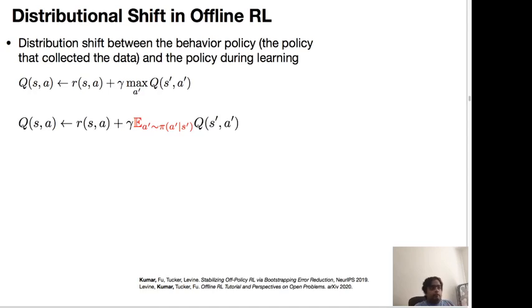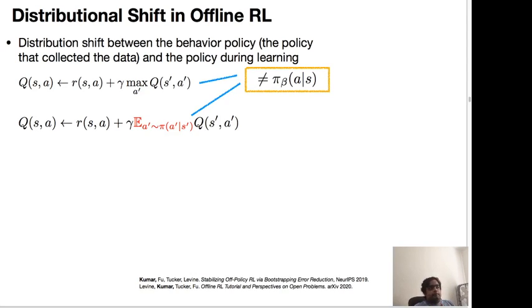Similarly, if you're doing an actor-critic method, your policy is used to compute the target value, because you take an expectation under actions drawn from that policy of the target Q function. In both of these cases, the max over A prime or pi is not equal to the behavior policy, and this is the distribution shift aspect that we talked about.